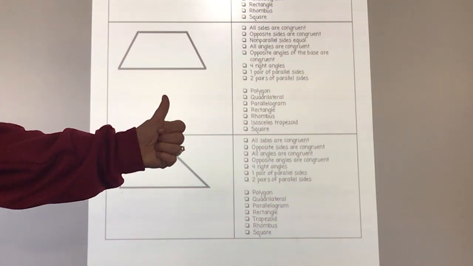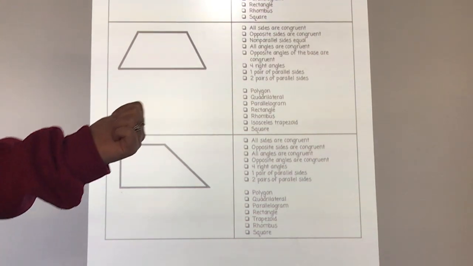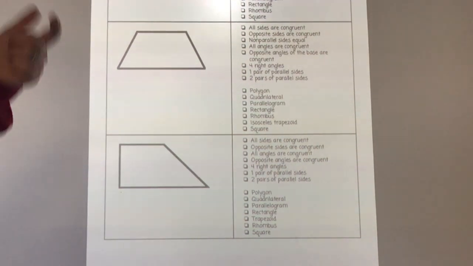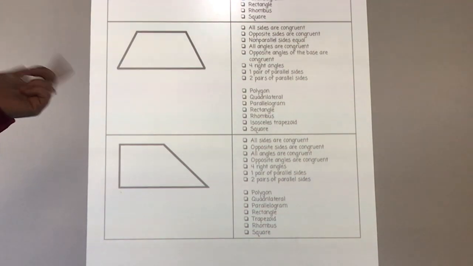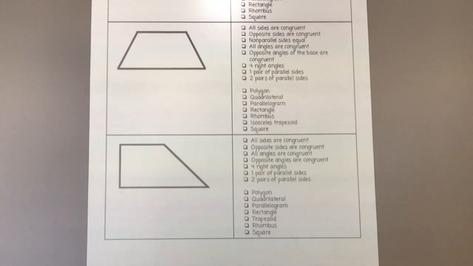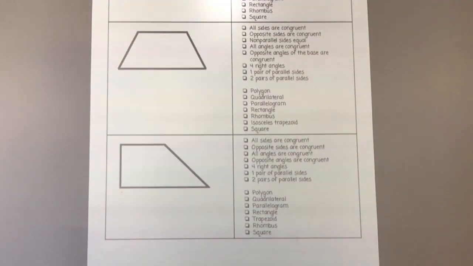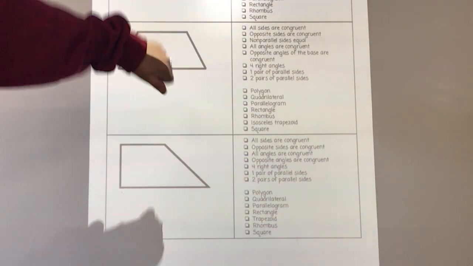I like that slow. Trapezoid. I was just trying to mix it up. Did I get you guys? Was it good? So smooth. It is a trapezoid. Rhombus. Square. Please give me all thumbs down.